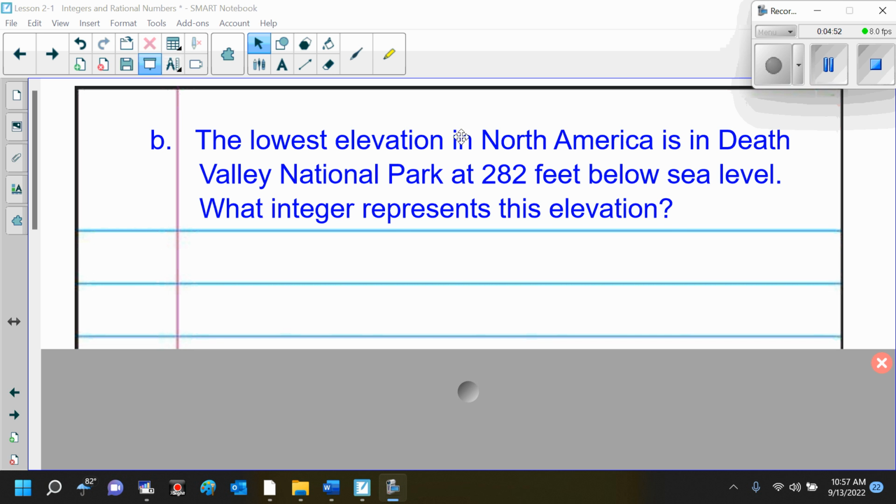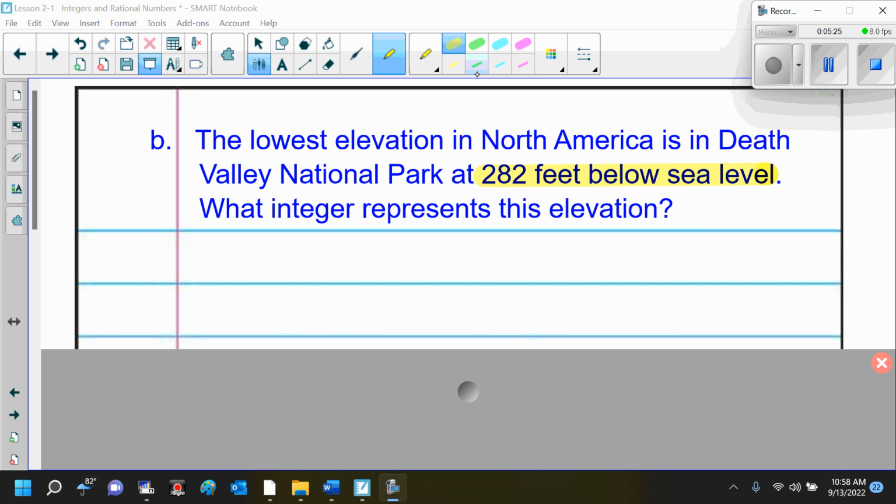So, the important information that we want to highlight here and what you're going to be writing down in your notebook is what? So this is the important information that you're going to write down in your notebook. 282 feet below sea level. Okay? Now, yes, what he said was true.